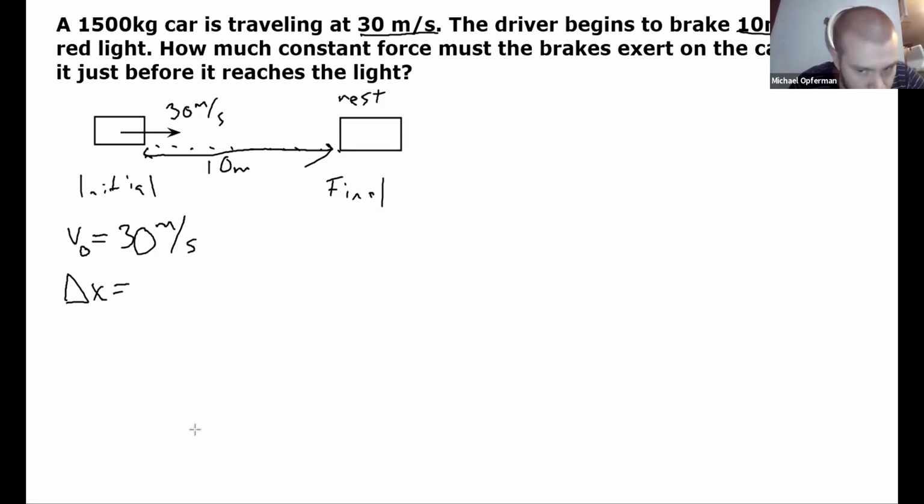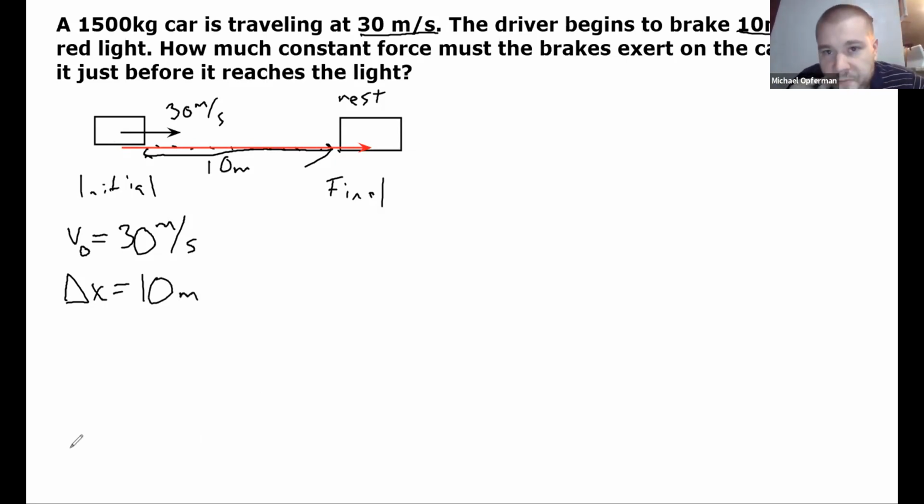So if I were to draw the displacement vector, it would go from the initial state to the final state like that. So the displacement vector points to the right, which means it's positive. So that's going to be positive 10 meters.